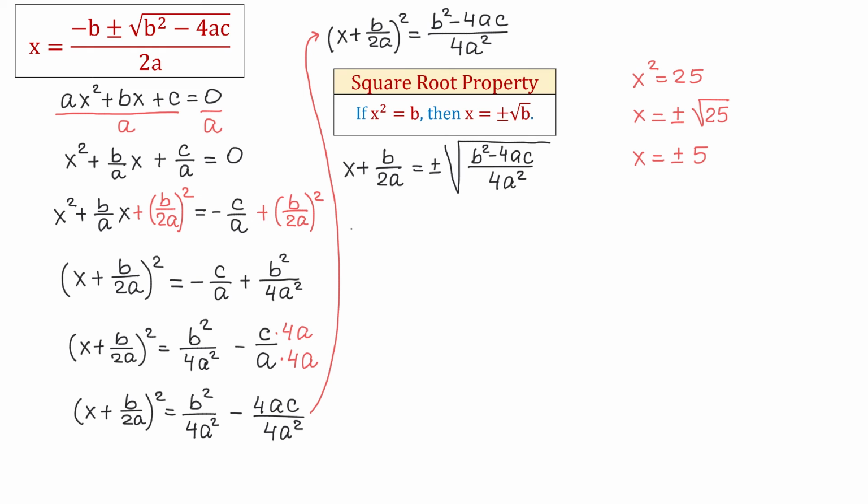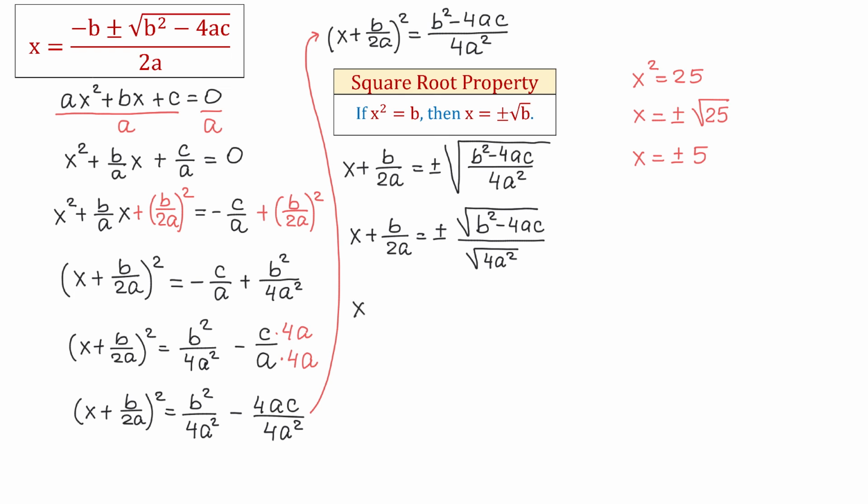So now we can write all this as x plus b over 2a equals plus or minus square root of b squared minus 4ac over square root of 4a squared.